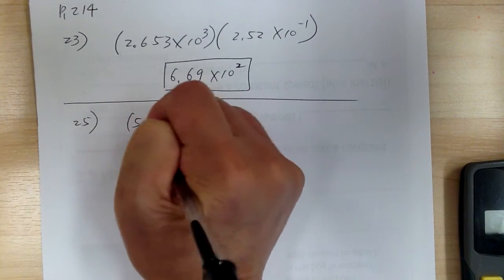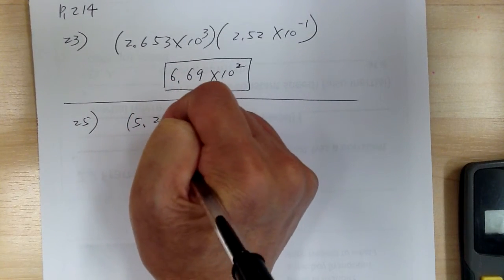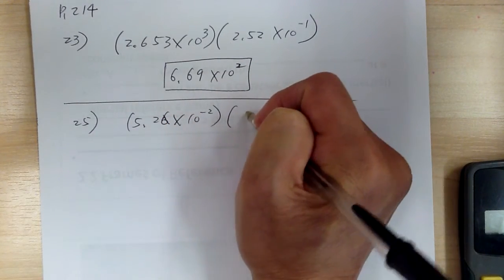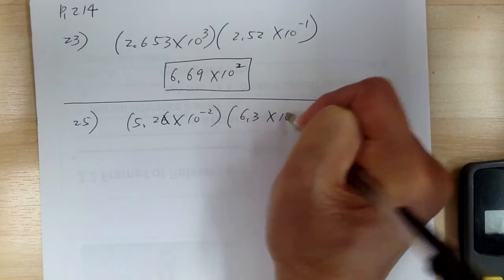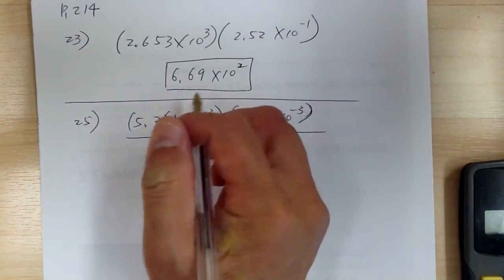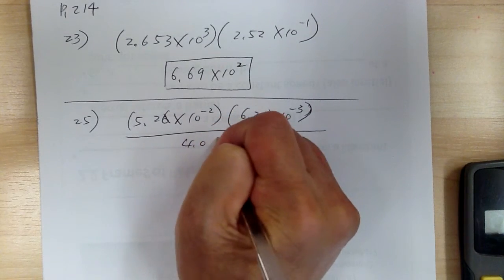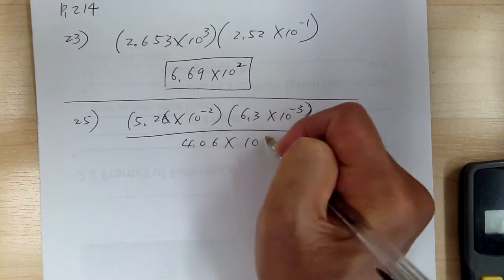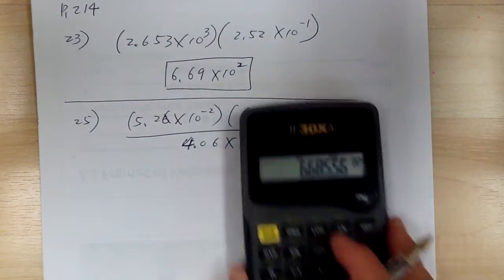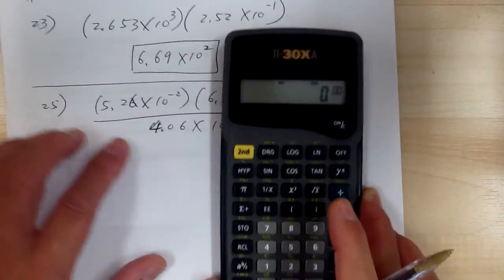So you got 5.26 times 10 to the negative 2 times 6.3 times 10 to the negative 3 divided by 4.06 times 10 to the negative 4. Okay, so you can use your scientific notation.